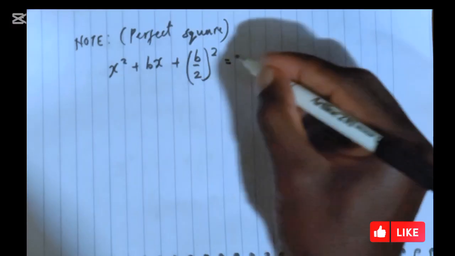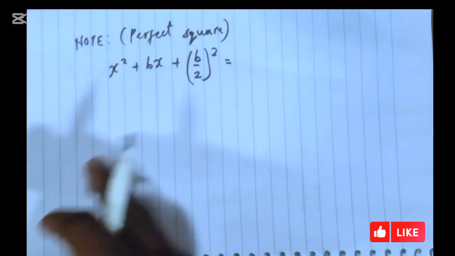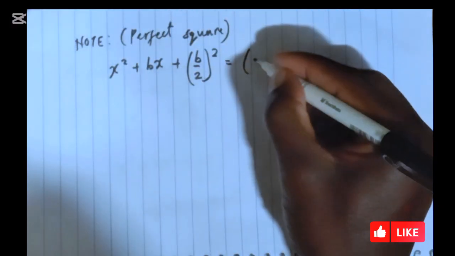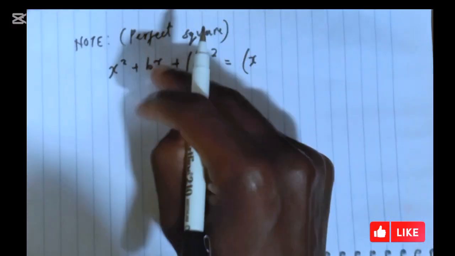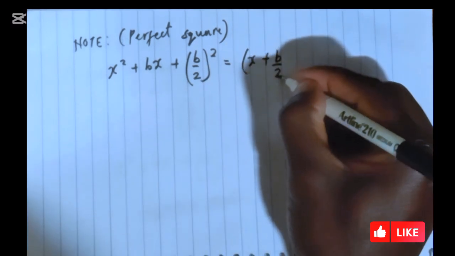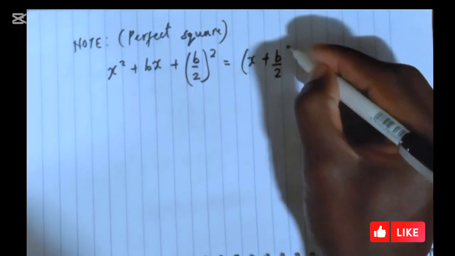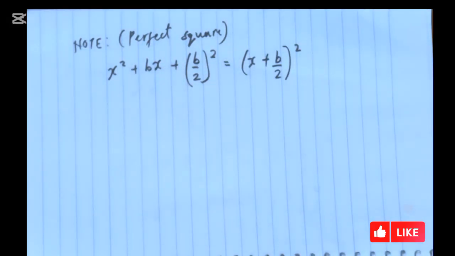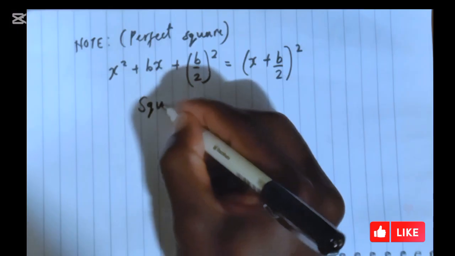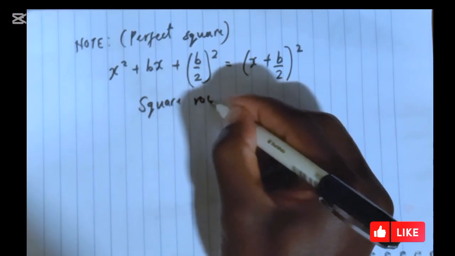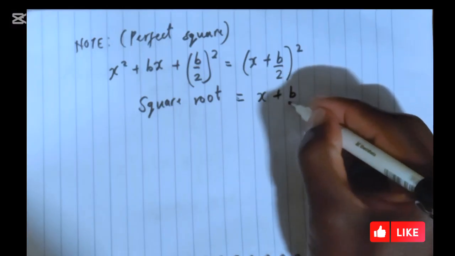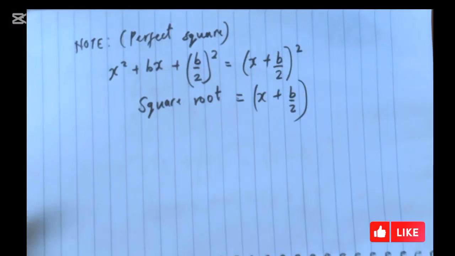This can always be rewritten in terms of x and b as x plus b all over 2, always look at the sign of b there, all squared. Then when we have it written like this, we can easily form the square root, and the square root will always be x plus b all over 2.